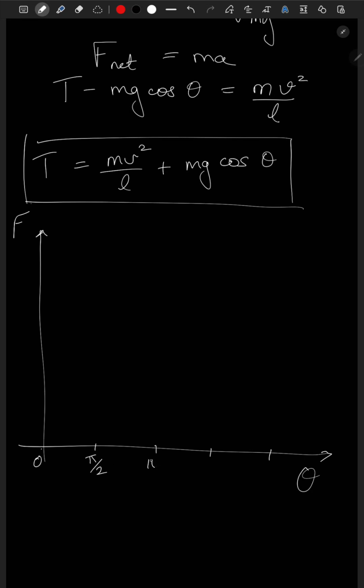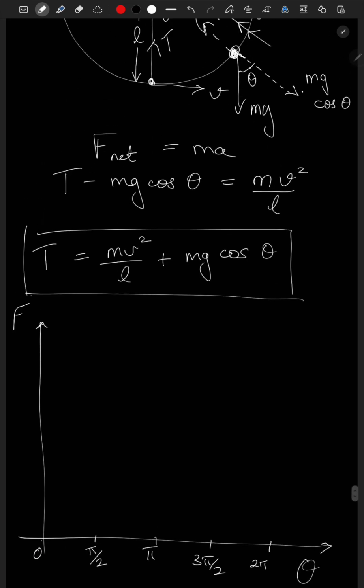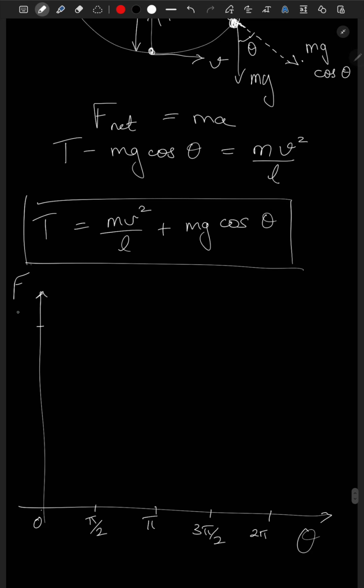So pi by 2, pi, 3 pi by 2, and 2 pi, 360 degrees, a whole circle itself. So when theta is 0, you replace cos of 0, which is just 1. So cosine of 0 is 1, and therefore you will have mv square over L plus mg. So this force would be mv square over L plus mg.